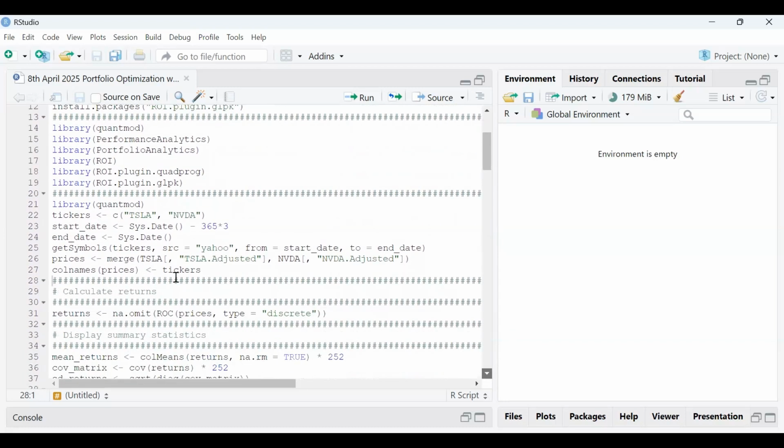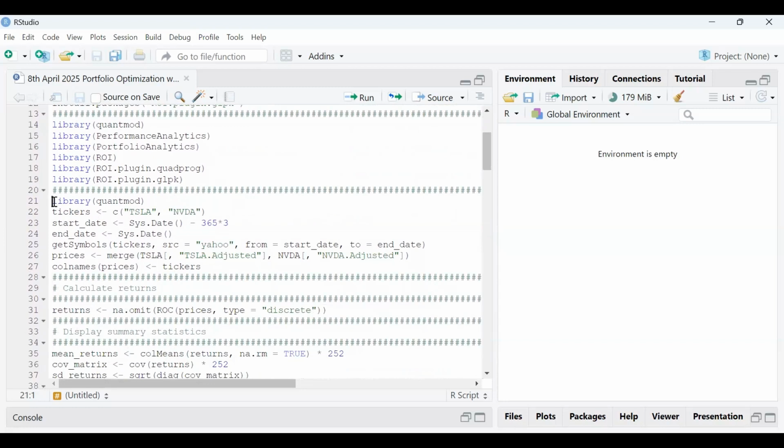So then I move straight to using quantmod to extract the data from Yahoo Finance. So here I say it should call the tickers Tesla. This is the code for Tesla, and this is the code for NVIDIA. And I'm taking 3 years worth of data. Now, 3 years worth of data, I'm saying it should start from today and go 3 years back.